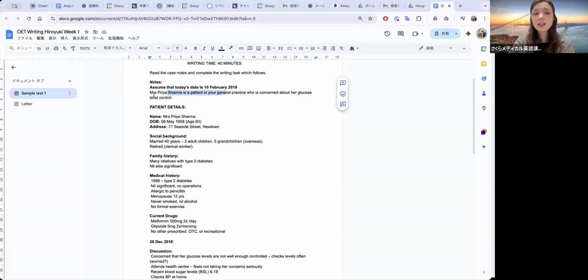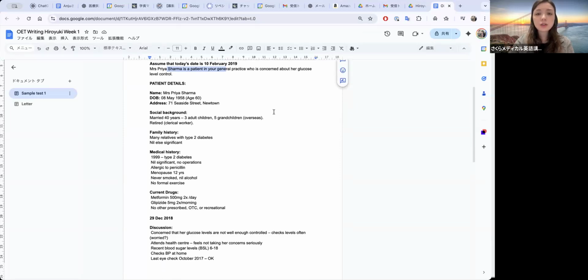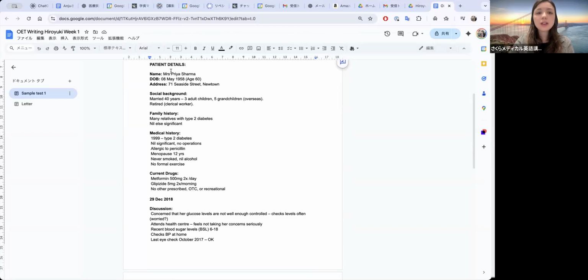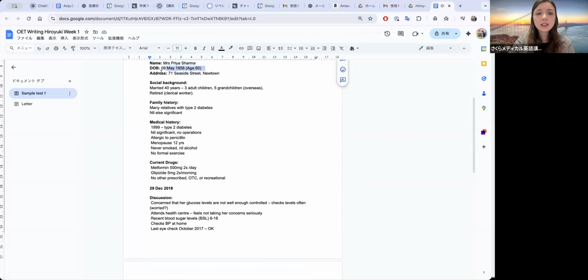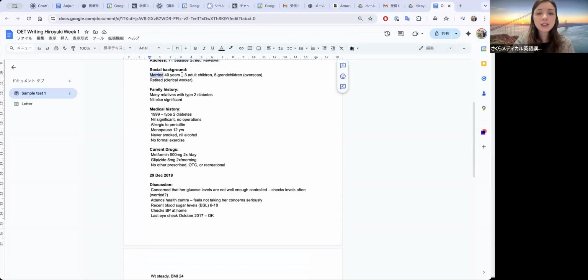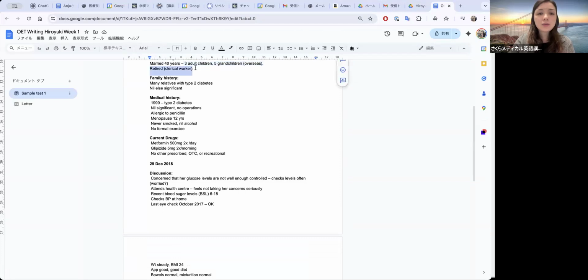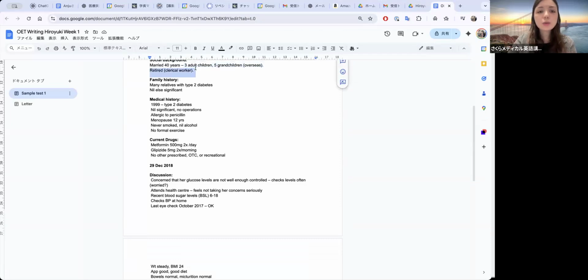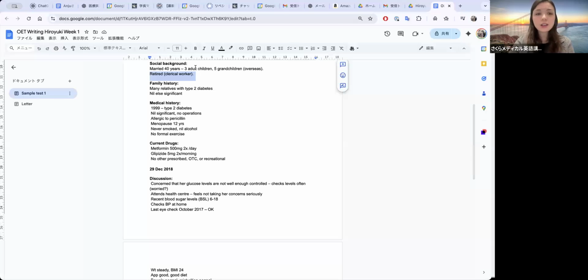Mrs. Priya Sharma is a patient in your general practice who is concerned about her glucose level control. She is age 60 and lives in Newtown. She's been married for 40 years, has three adult children and five grandchildren who are overseas. She's a retired clerical worker, so she was a clerk.